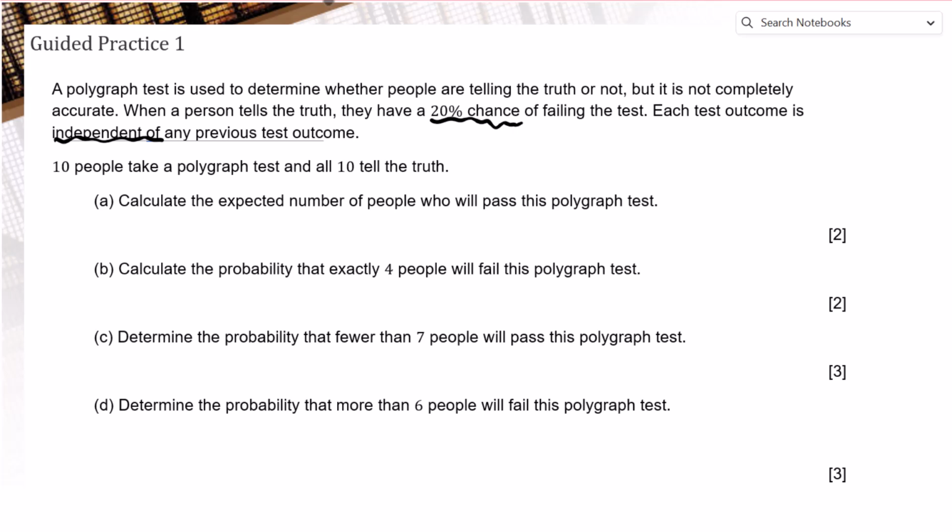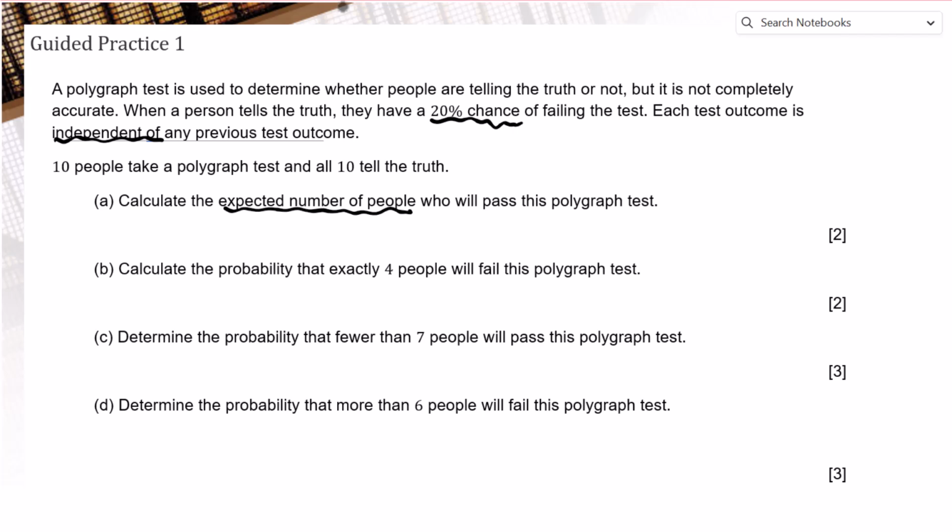10 people take a polygraph test, and all 10 tell the truth. A. Calculate the expected number of people who will pass this polygraph test.